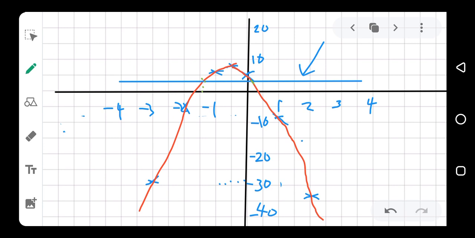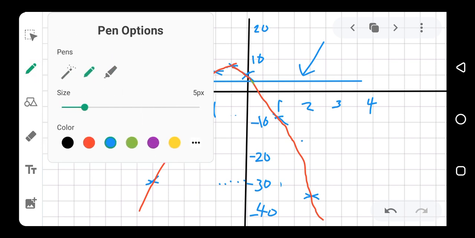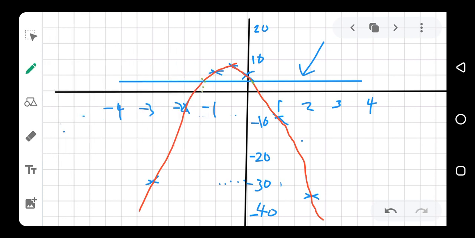I draw this straight line to cut the original graph, that red curve, at both sides. So it cut it here. It cuts it here and also cuts it at this place.